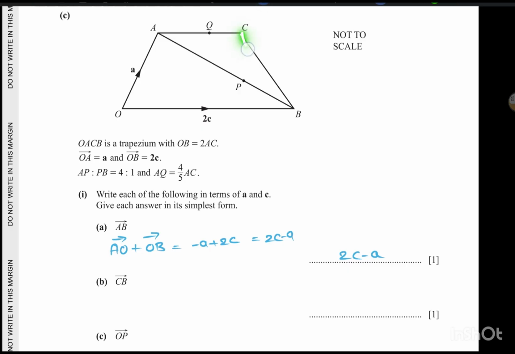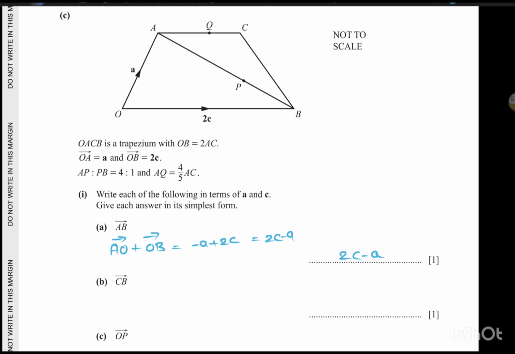Question B, CB. CB should be CA plus AB. So what is CA? We know AC. If OB is twice AC, then AC is half of OB. So CA will be negative half of OB.